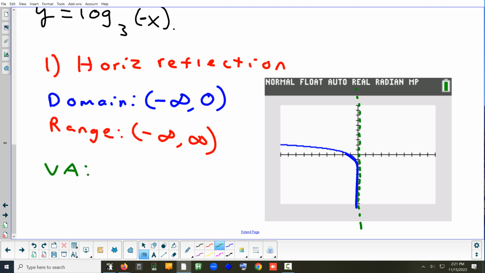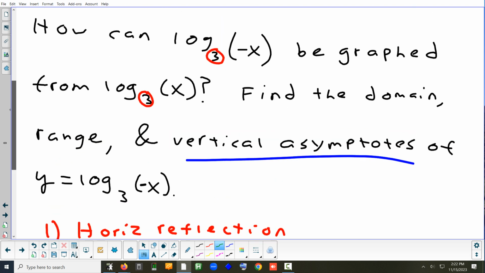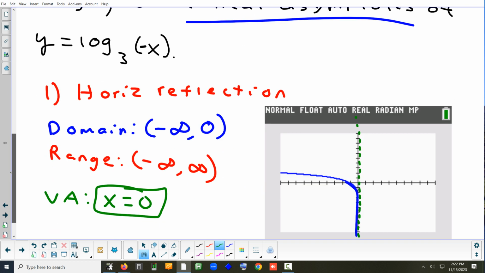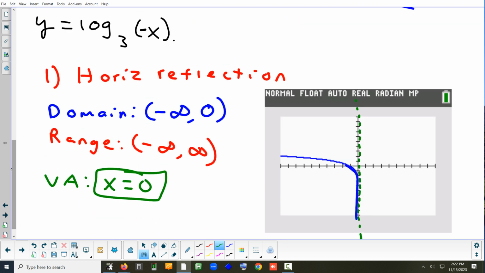How does the equation of a vertical line always start? X equals. And what are we getting very close to but never reaching? 0. We just described it in the domain. So that's your domain, your range, your vertical asymptote, and the transformation. That's everything there.